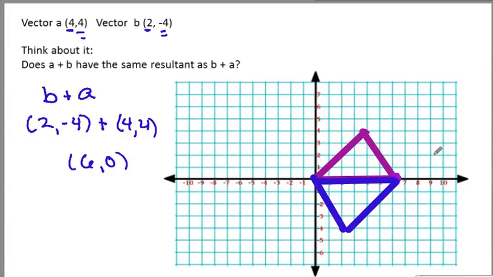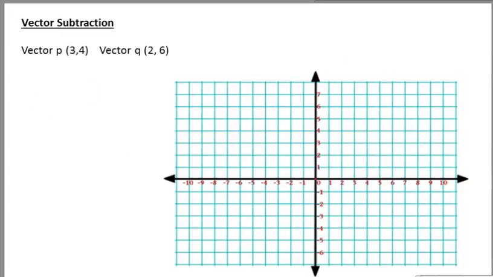So let's think about that now with subtraction. Let's talk about vector subtraction. Vector subtraction is exactly what it sounds like. You're subtracting vectors. But what happens with vector subtraction is that subtraction means to move in the opposite direction. Let's take a look at what I mean.